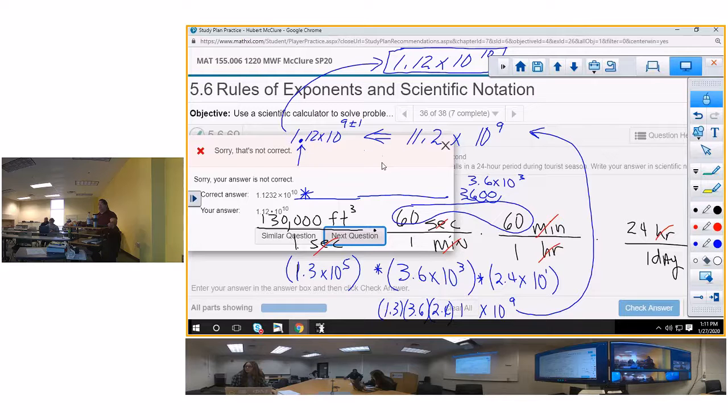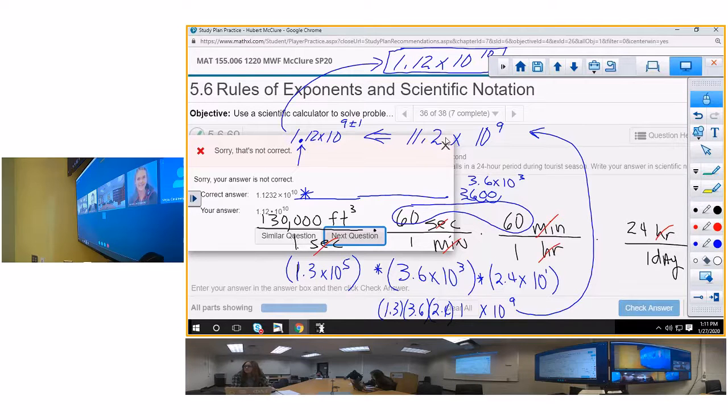You give me the whole number, okay? When do you round? At the very end. So my rounding would be here. You should have given me 11.232 here. Do not round in the middle of a problem, okay? Y'all set me up for failure there.